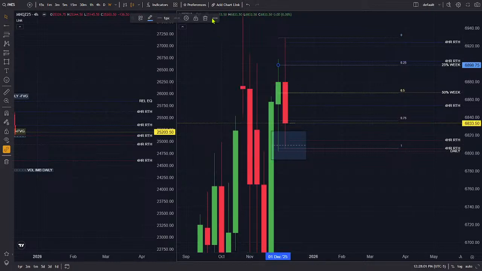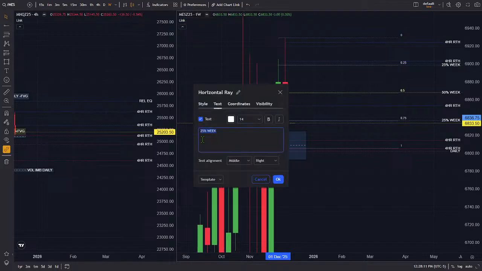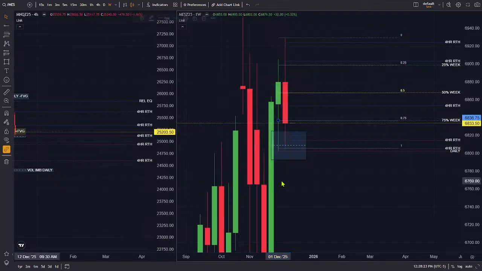And 75%. The 75 and 25 just really tells me, you know, are we above the 50 line or not? This would actually be 75% pullback of the entire week rather than this one.